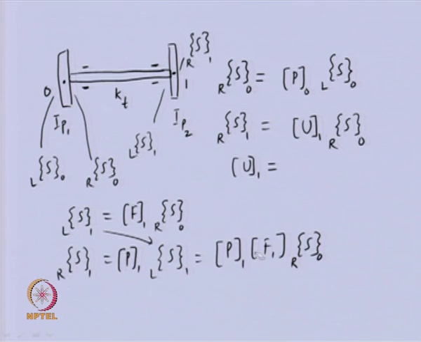The ordering is important: P1 into F1. This step is clarified through a systematic approach, that the U which we obtained earlier had the form P1 into F1. Now we can get the state vector.